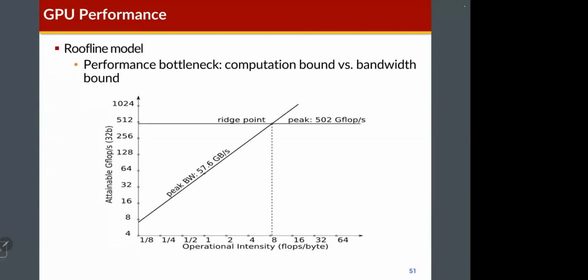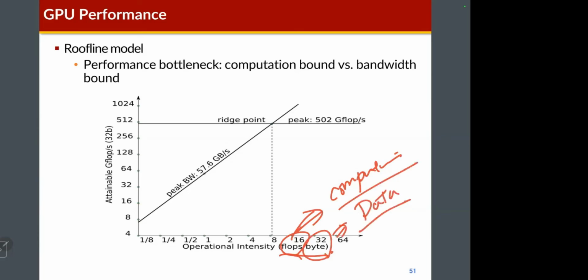If you see the unit of operational intensity, you can find that it's flops divided by bytes. What does that mean? Flops represent the computation, and bytes represent the data. So operational intensity represents the fraction of computation to the size of data used for computation.